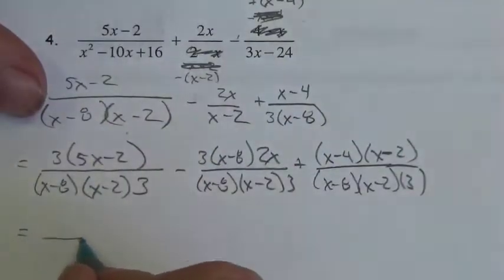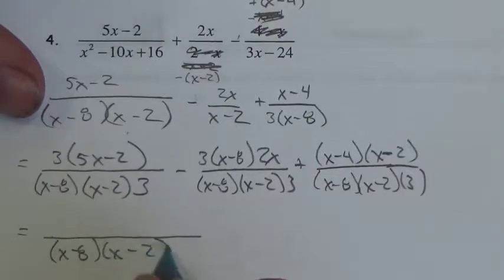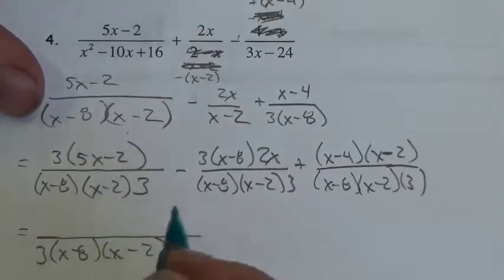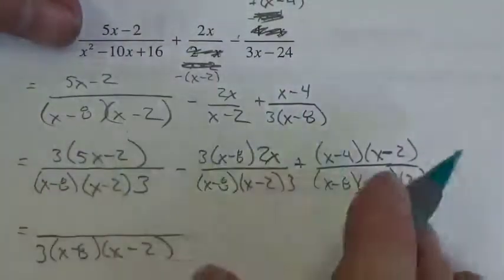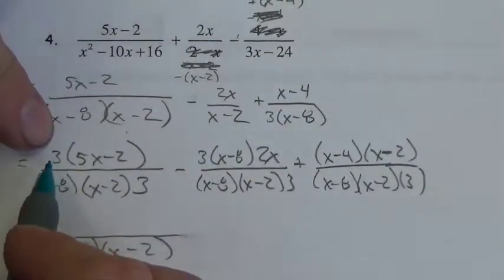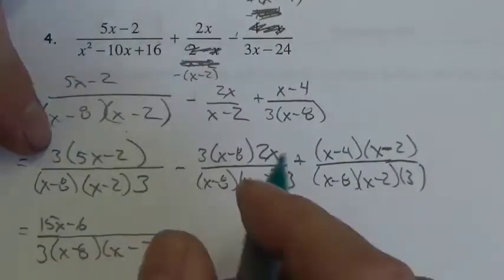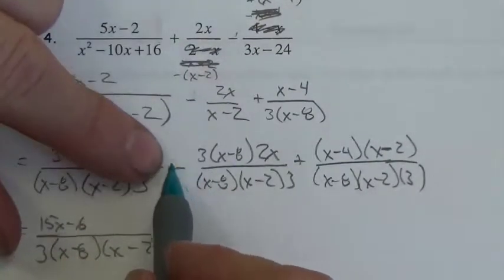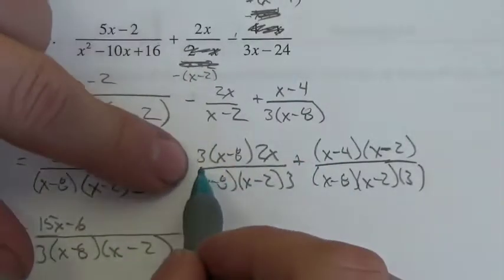Now, though, I know that my denominator is going to be x minus 8, x minus 2, and actually it looks better to put the 3 up front. So I'm just going to do it like that. Now I'm going to expand the numerators. So this will become 3 times 5x minus 2 will be 15x minus 6. That subtraction in front of this term is going to change all the signs here. Now let's just think about this.